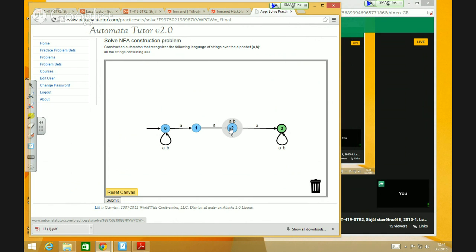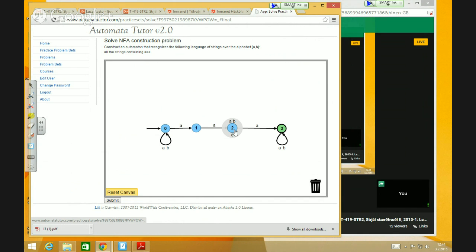So if we made this accepting, the automaton would just go this way instead of looping on the first A. Would it also be dangerous to mark 2 as an accept state?